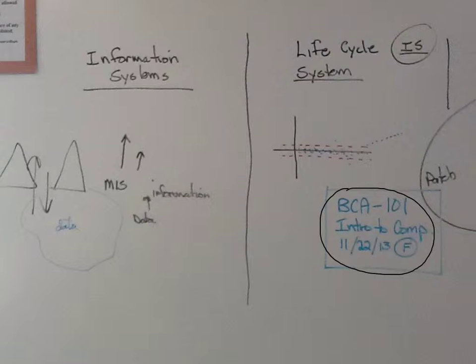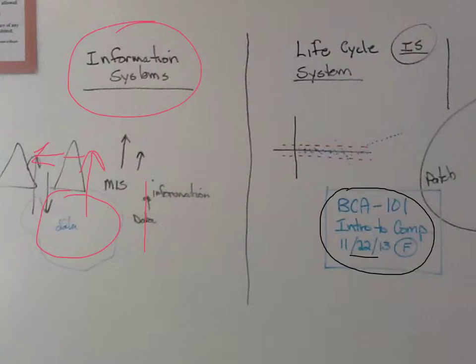So the first thing we did, this was on Friday the 22nd, we reviewed the concept of having this huge amount of data and moving that data through different levels of information systems, different levels of information, and levels of management, which we talked about before.